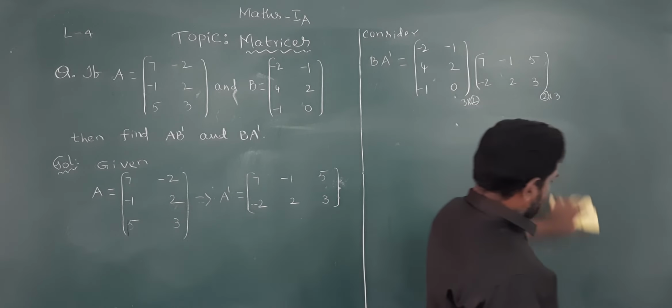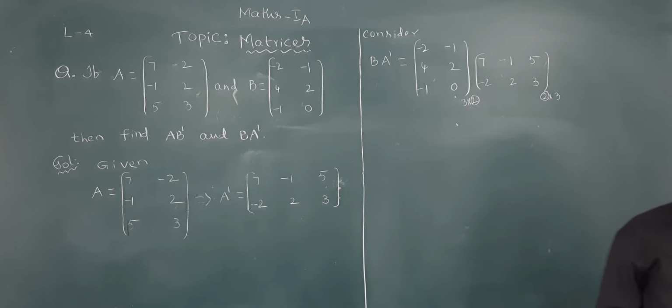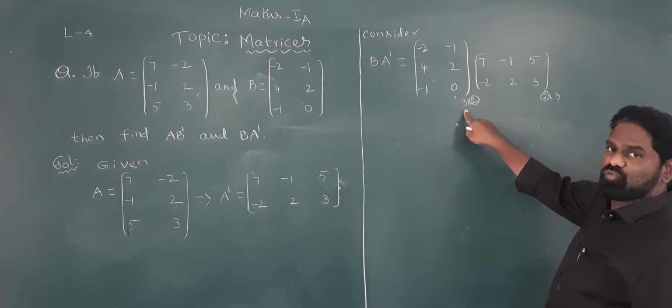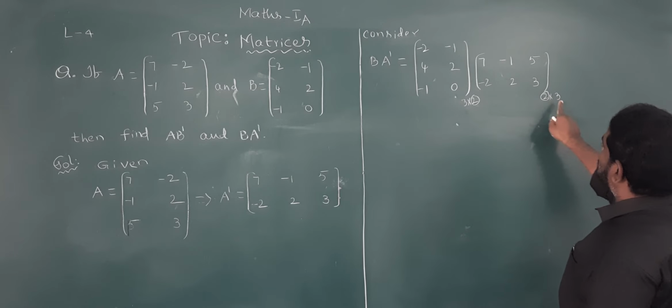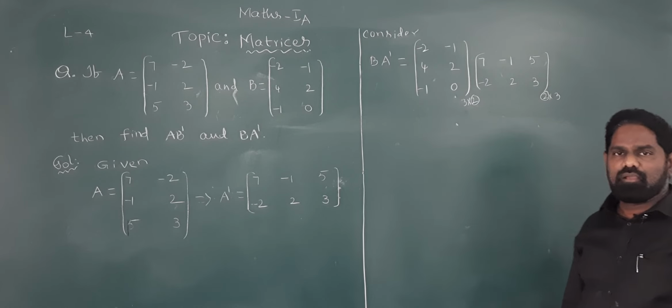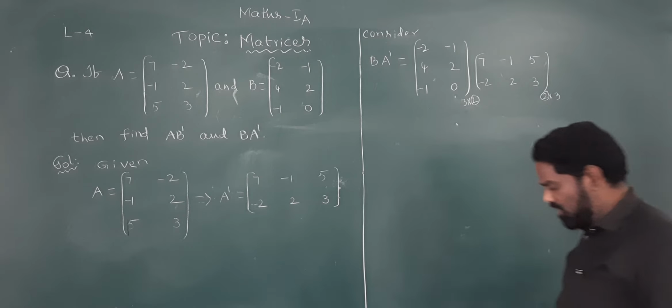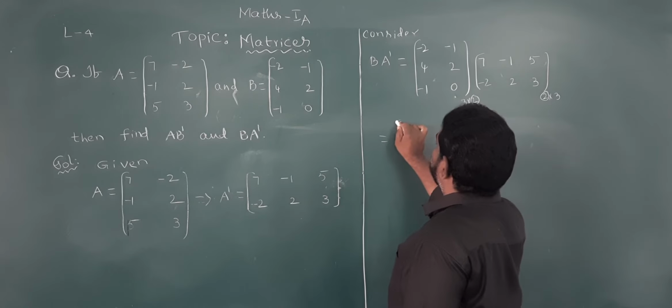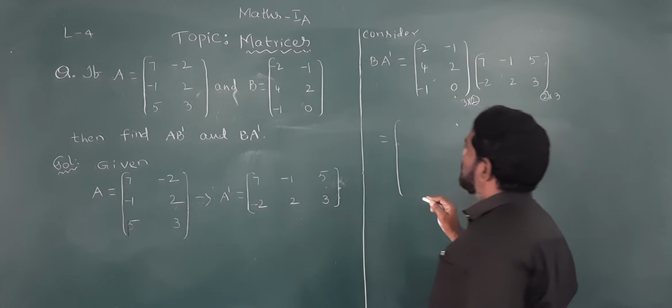The resulting matrix should have 3 rows and 3 columns. Understand? So we can continue the problem like this.